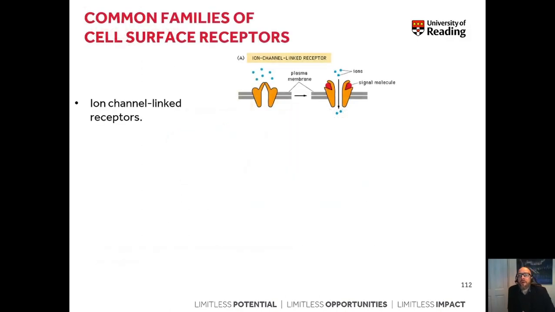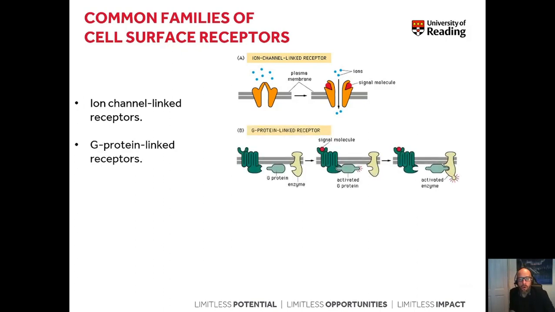So what are common families of cell surface receptors? First of all, there are ion channel linked receptors, and they are in charge of transporting ions across the membrane. Moreover, there are G-protein linked receptors. I introduced this type of receptor before because they are common molecular switches in signal transduction cascades.